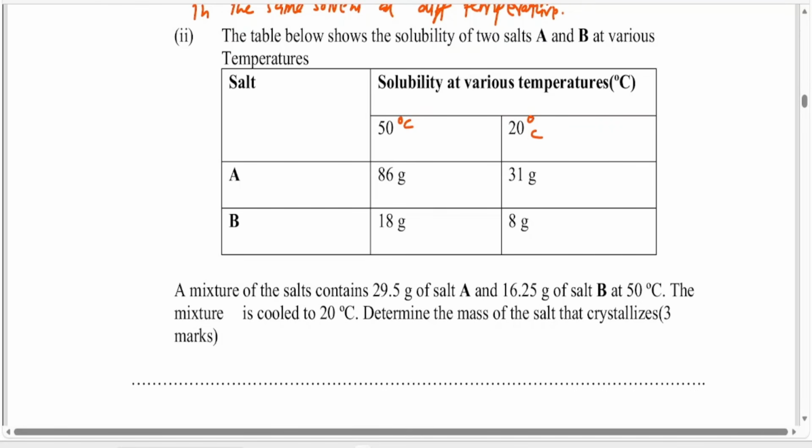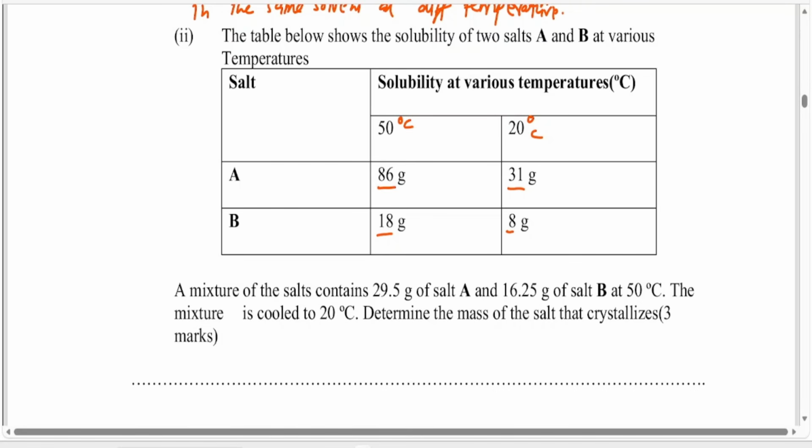For A at 50 degrees Celsius, 86 grams is already in the solution. B, at 50 degrees Celsius, 18 grams is already dissolved, so that's the solubility. And B, solubility at 20, 8 grams of salt B is already in solution.